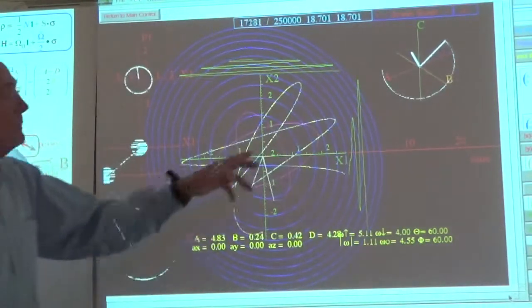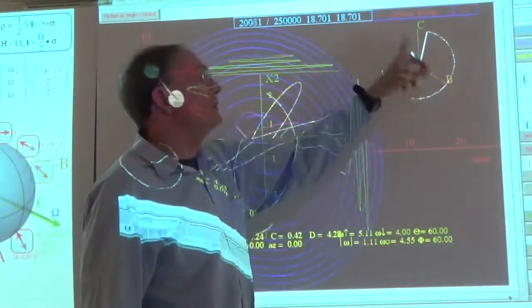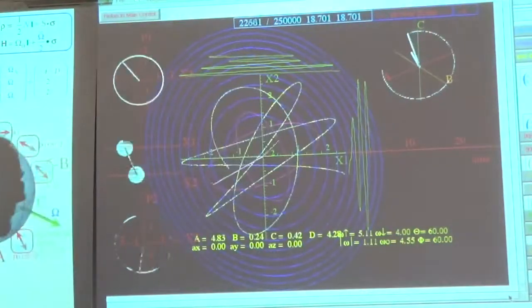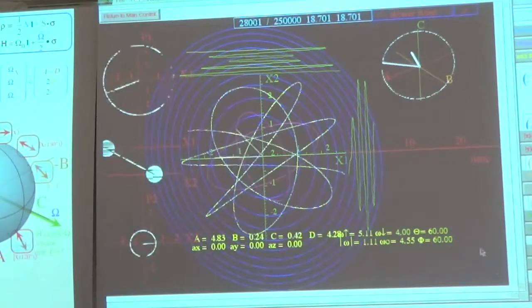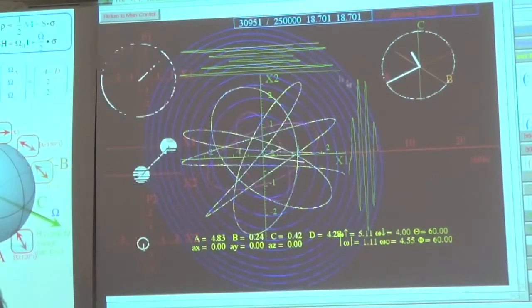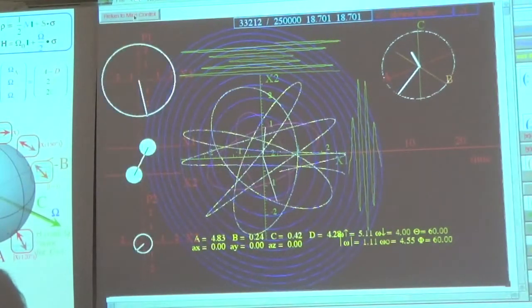And the spin vector is out in the middle of the space in between A, B, C, and D. It's not in the AB plane like that other one was. Okay? So here we're looking at first an eigenstate that looks like, if I can get it here, this one.